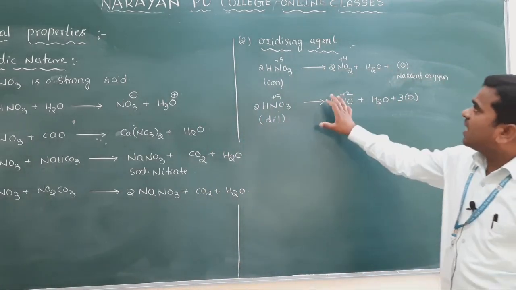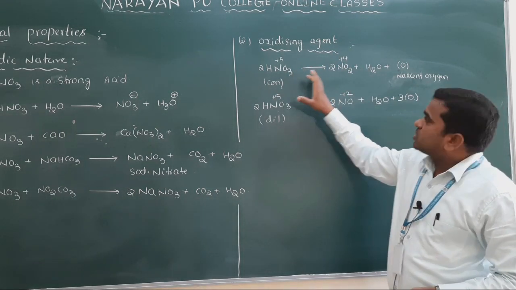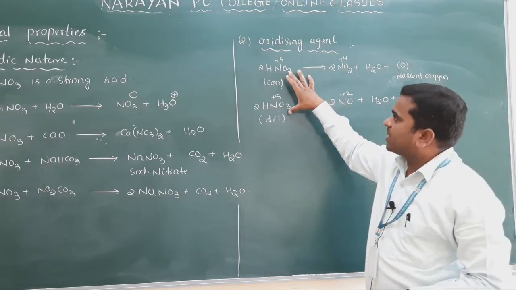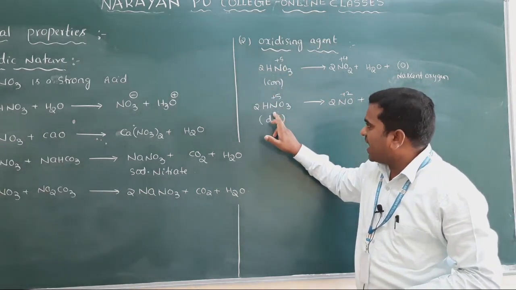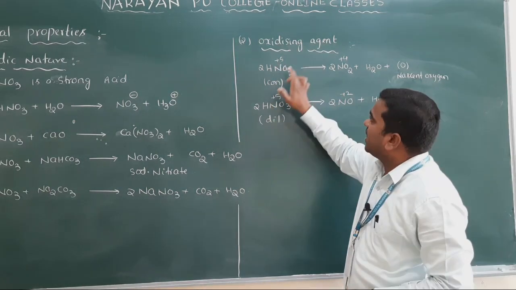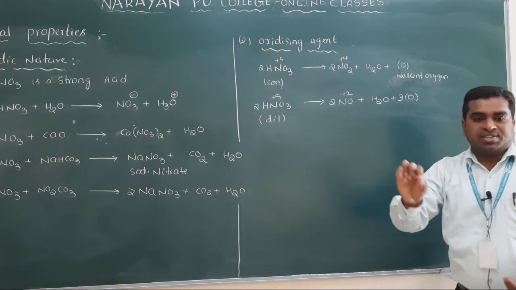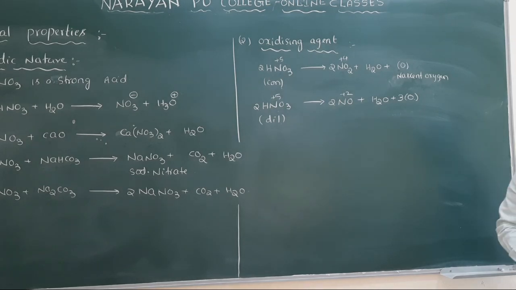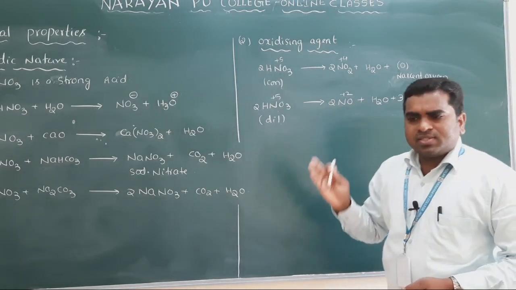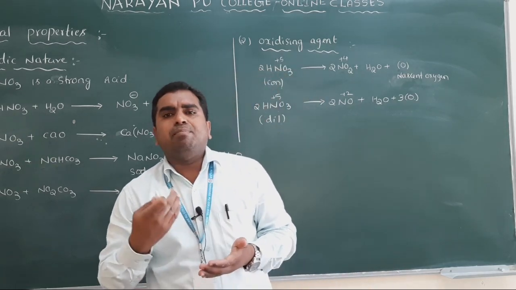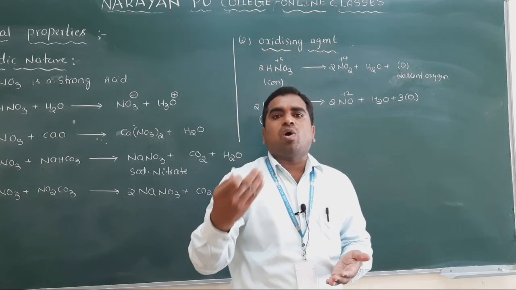Clear? So these nascent oxygens are responsible for the oxidizing property of concentrated HNO3 and dilute HNO3. That's why HNO3 acts as a very powerful oxidizing agent. And it oxidizes many non-metals, metalloids and metals also.